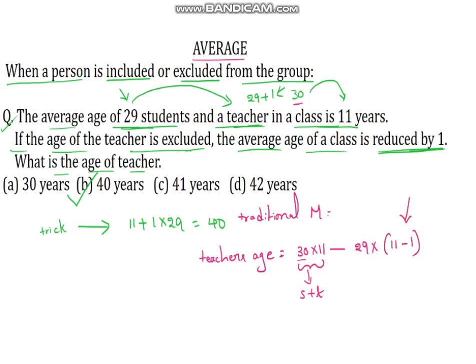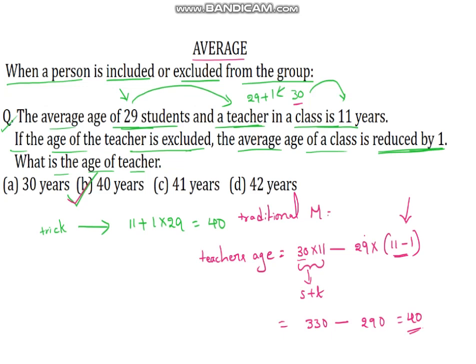Why is this? If the teacher is excluded from the group, 30 becomes 29 and the average becomes 10. 330 minus 290 is equal to 40. 40 years is the answer.